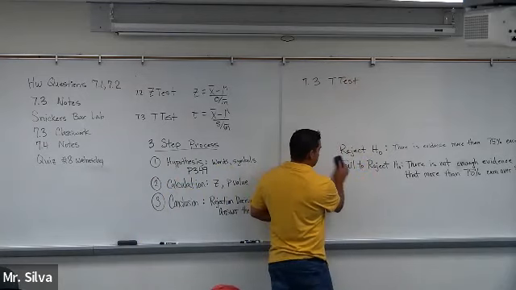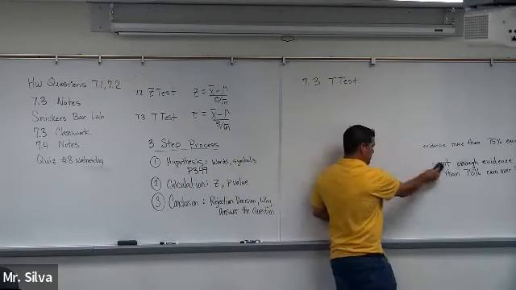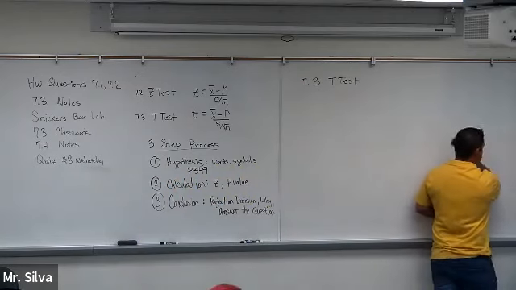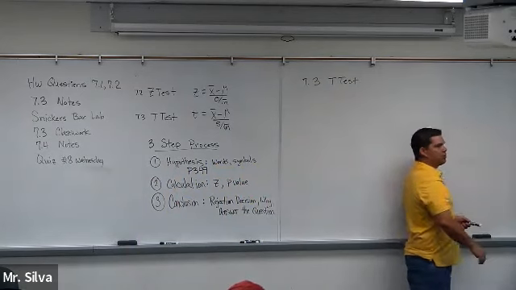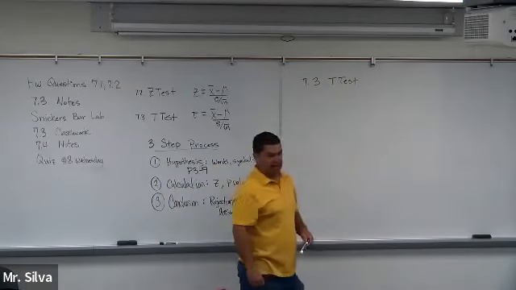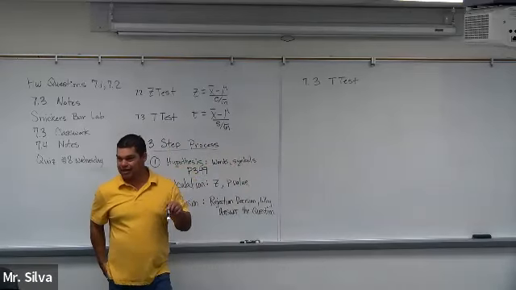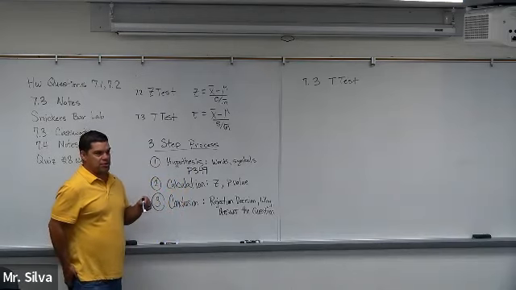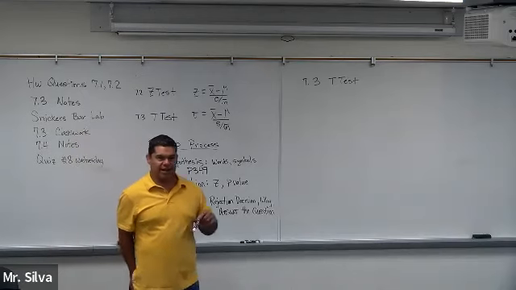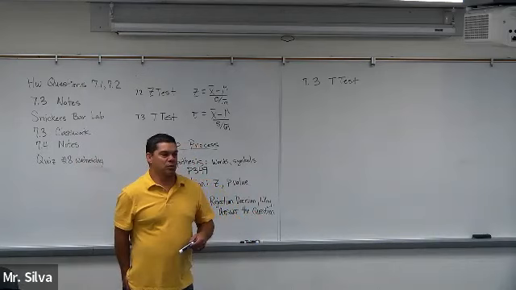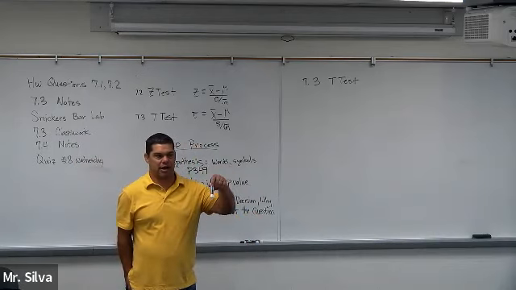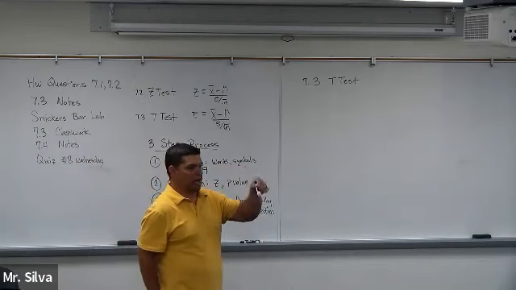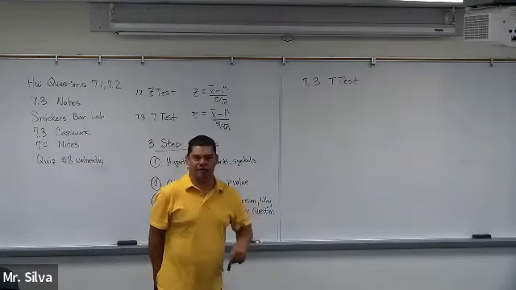How do you know if you're going to do a z-test or a t-test? It's the same as a z-interval or a t-interval. You're going to be given standard deviation. It's kind of tricky in the wording of the question. The wording of the question will say, given a sample of 50 people, we found a population standard deviation to be 1 ounce for filling bottles of soda.